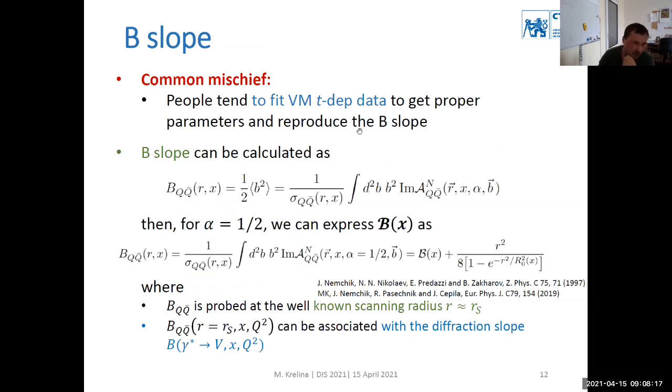In our case, you can calculate the diffractive slope in general in this form. If you do some approximation, like taking the fraction of momentum carried by every quark and antiquark to be the same, and we do some simplification using the scanning radius.